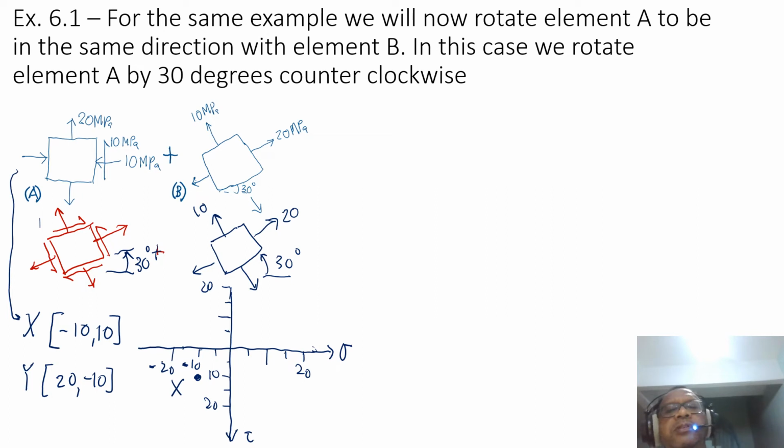And y is positive 20 and, sorry, negative 10. So this is y. So you can now connect the lines and we can draw a circle there.